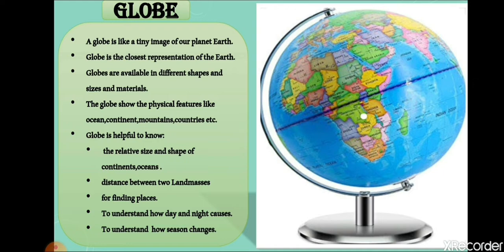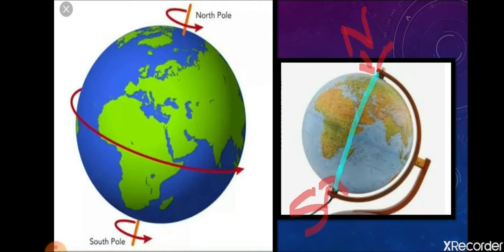We can use a globe for searching places. Suppose we have to find out where India is on the Earth, with the help of a globe we can find the place of India. We can also understand how day and night are caused, and how seasons change, with the help of a globe.